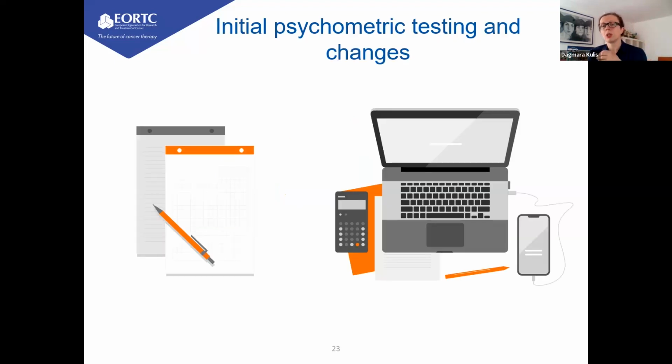After all those changes, we have the next version of the questionnaire, which we can then go further with to the initial psychometric testing. So this is done on a bigger group of patients who fill in the questionnaire, and then the psychometric properties of the questionnaire are analyzed, the scale structure and the psychometric characteristics.